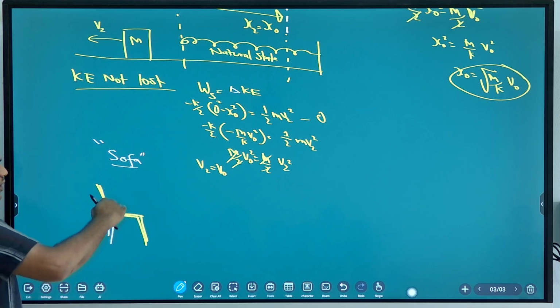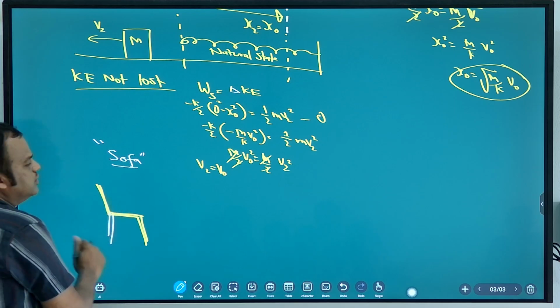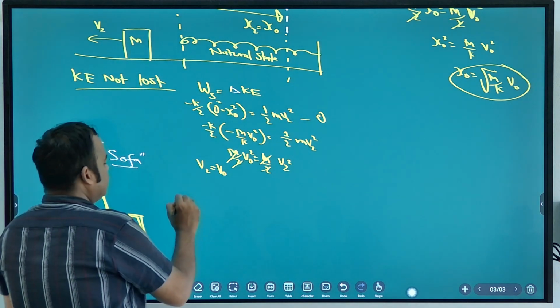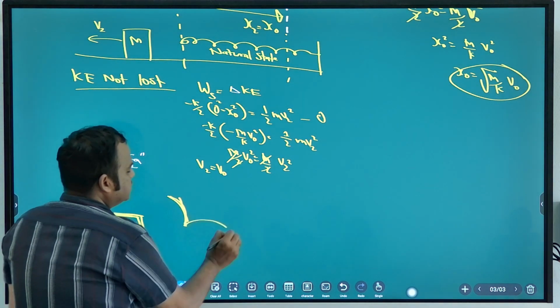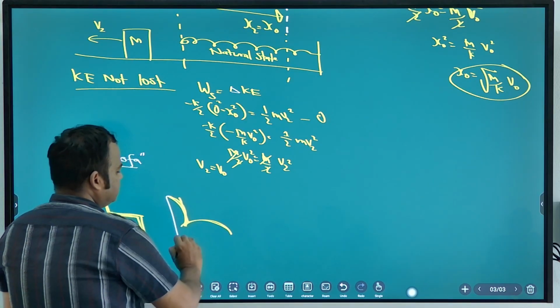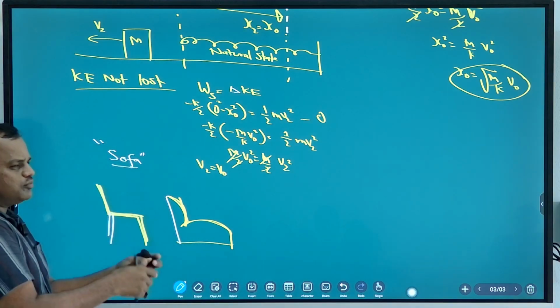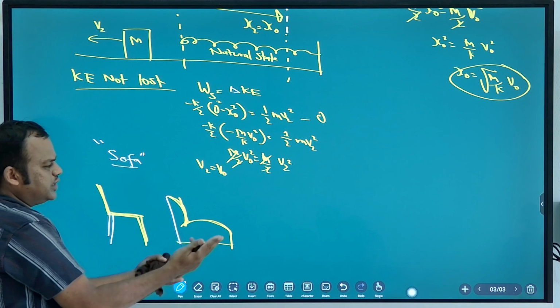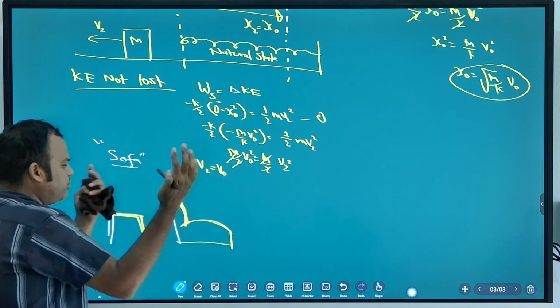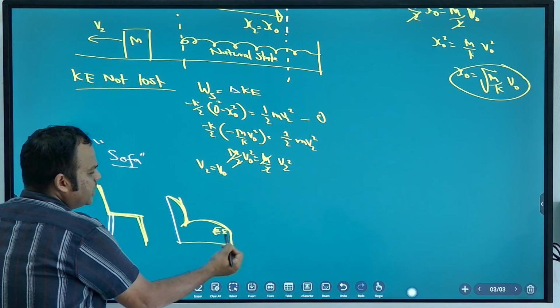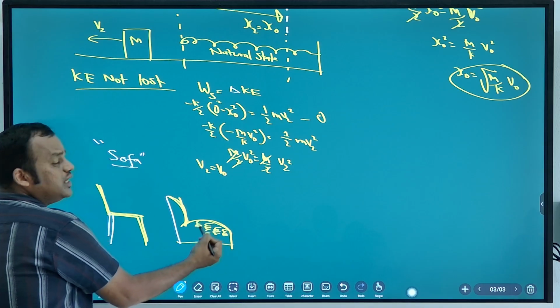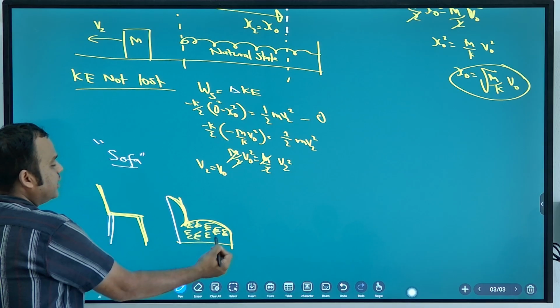It will not take your weight. But what is a sofa? Inside a sofa, you open any old sofa, you take scissors and open it, you will find so many springs. Have you seen springs?